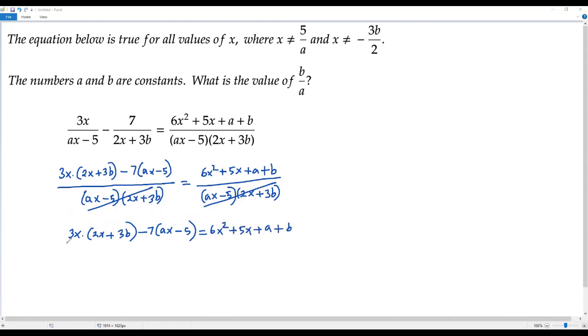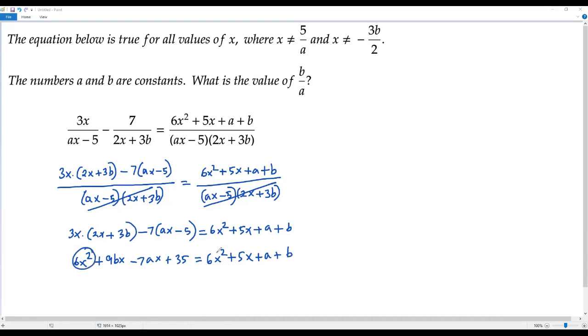Okay, now let's do some more simplification on the left side. We can distribute this 3x to this one and this one. 3x times 2x is 6x², plus 3x times 3b is 9bx, minus 7 times ax is negative 7ax, and negative times negative is positive, 7 times 5 is 35, equals 6x² + 5x + a + b.